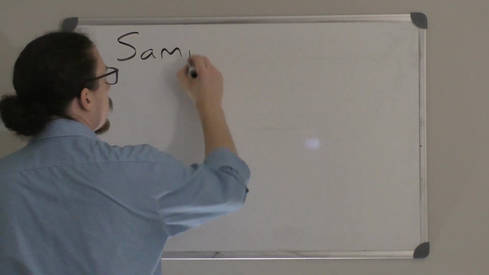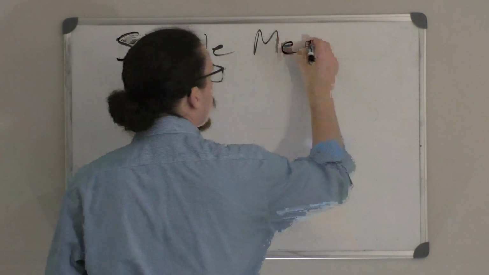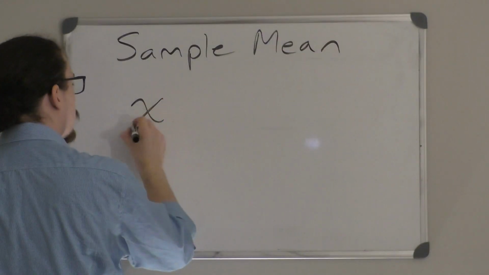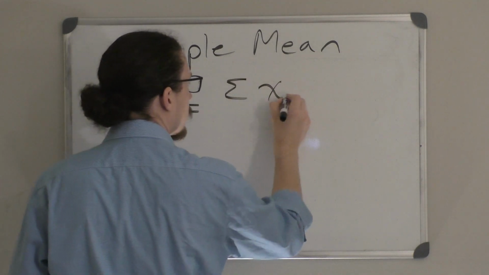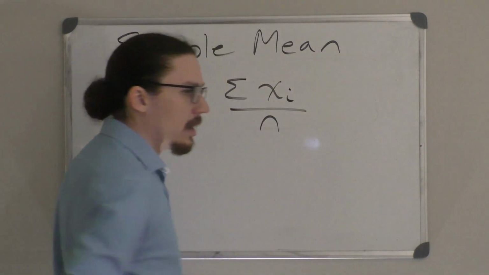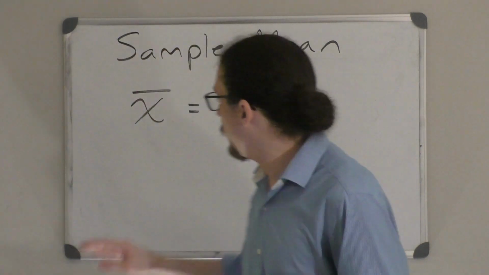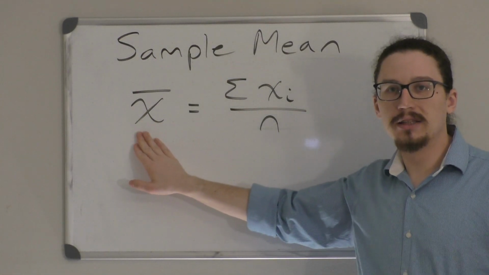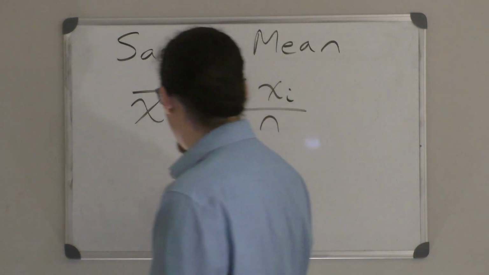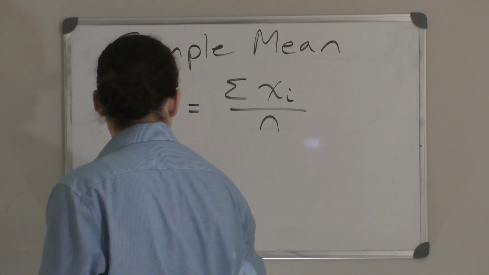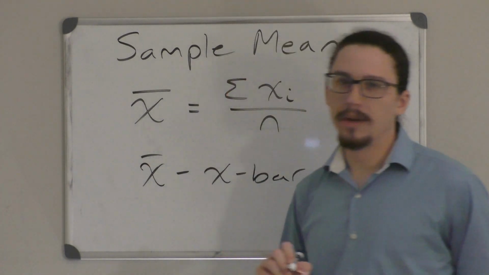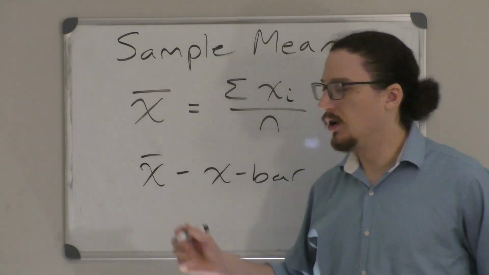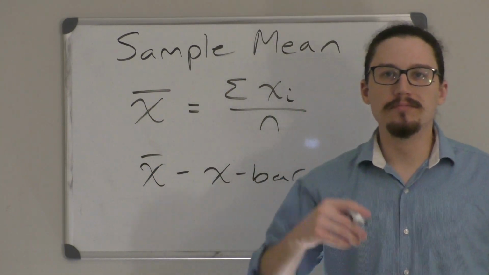We also have the sample mean. The sample mean is going to be notated as x bar, because it has a little line over it.